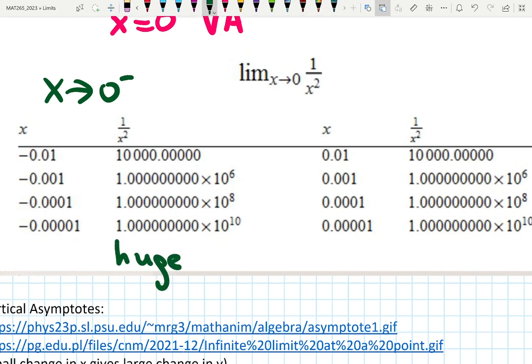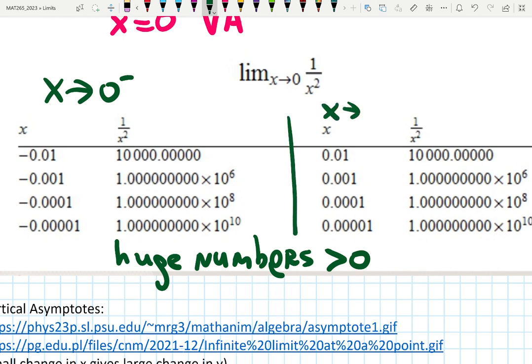Huge numbers. But it's important they're huge and positive. Negative infinity, we call huge numbers, but negative. They're still huge, but negative. So huge positive numbers, that's how you can check.